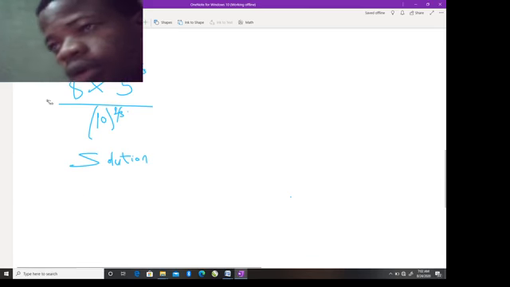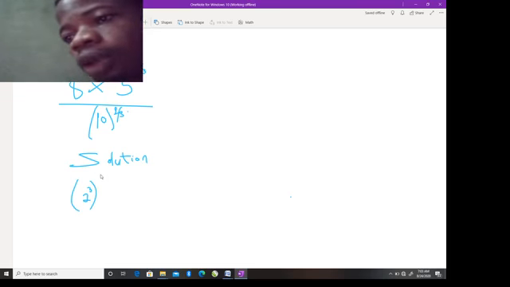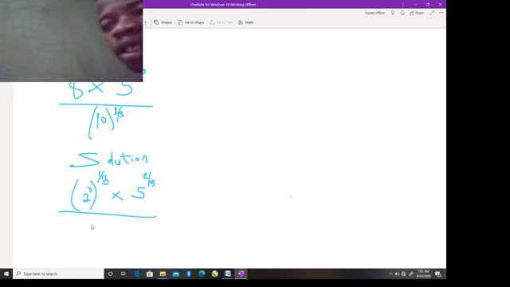You have 8 raised to power 1 over 3, that will be 2 itself, raised to power 3. That one will give us 8. Then you have 1 over 3, the initial power remains where it is. Then you have times, you have 5 raised to power 2 over 3, then everything divided by 2 times 5.